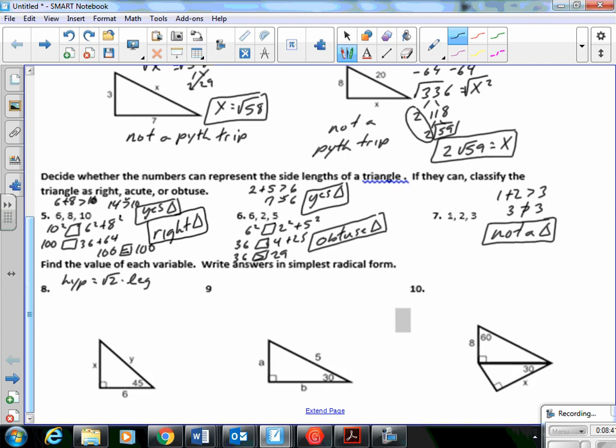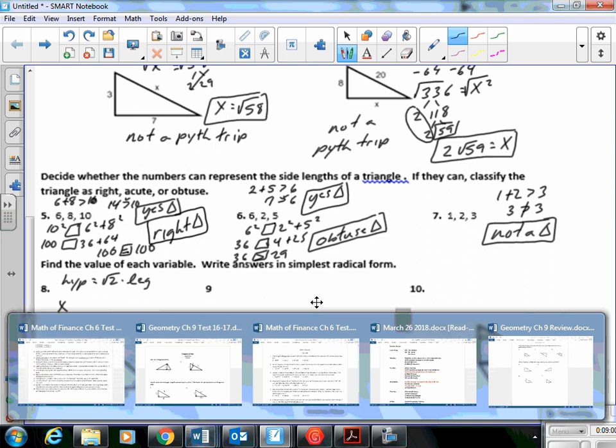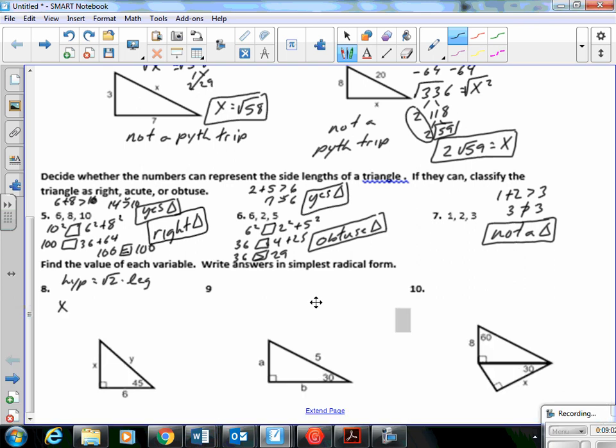And since it's a 45, 45, 90, that means it's isosceles, which means that the two leg lengths should be the same. So when I look to solve for x, since it's a leg, then it should be the same length as the other leg, and we know the other leg is 6, so x is going to be 6.